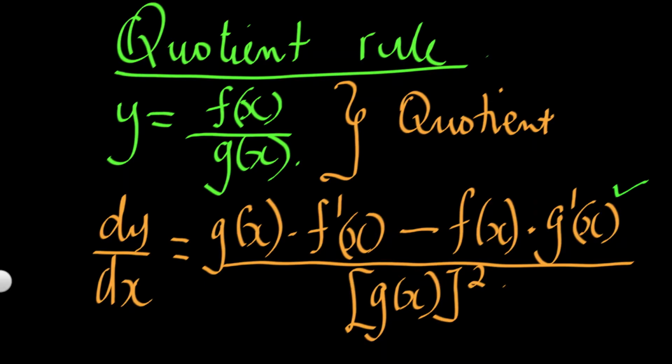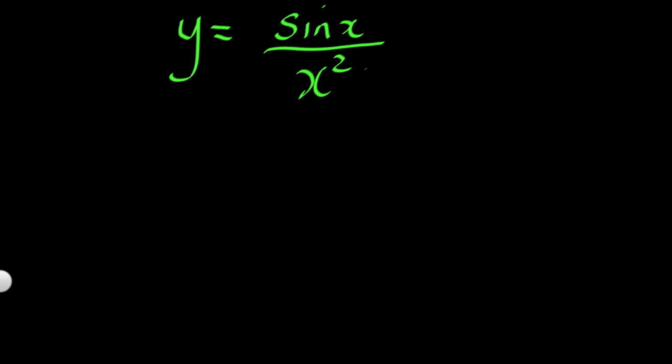Let us illustrate this with an example. Let us say I have y equals sine x over x squared. So I have here a quotient because the numerator is sine x and the denominator is x squared.